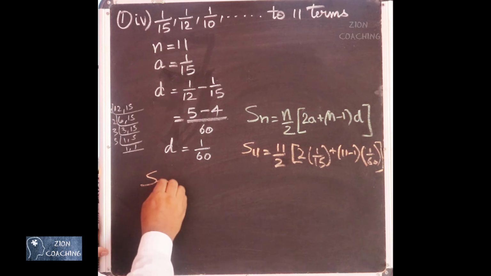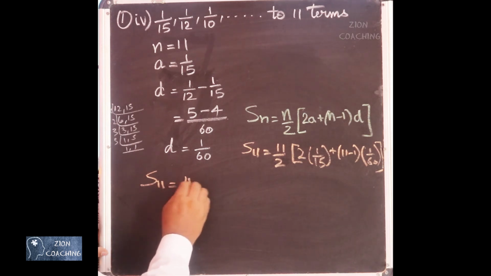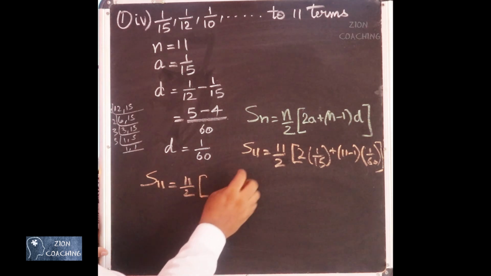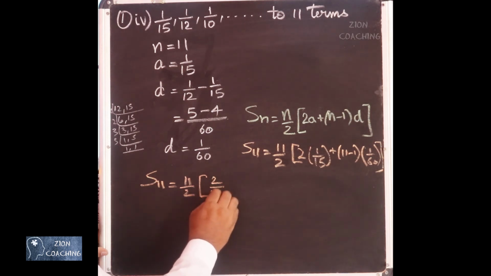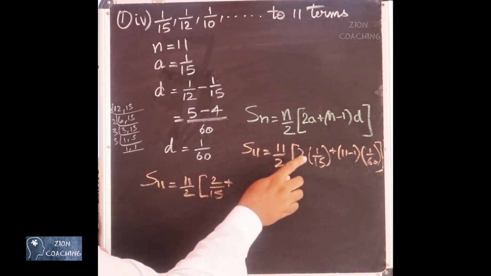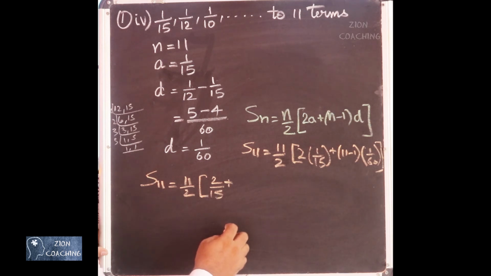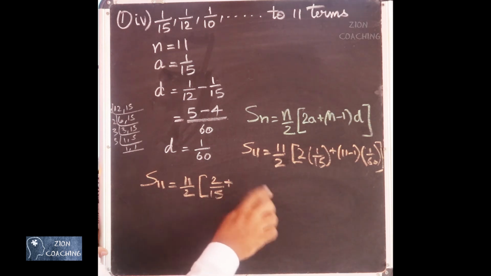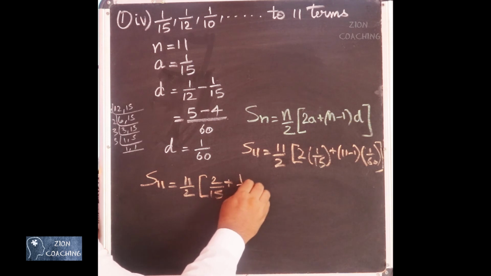So sum up to 11 terms is going to be 11 by 2 into 1 by 15 will be 2 by 15, plus 11 minus 1 is 10. 10 into 1 by 60, that 0 and 0 will get cancelled, so we will have 1 by 6.